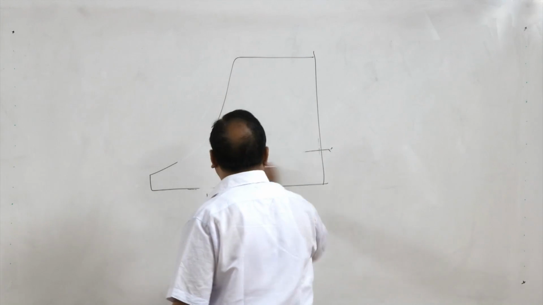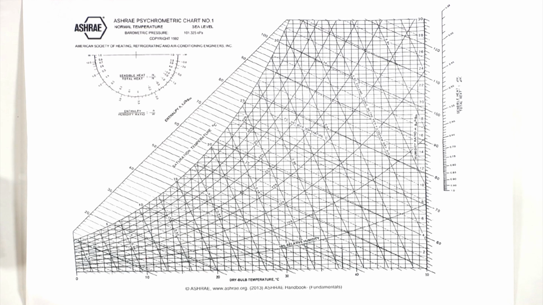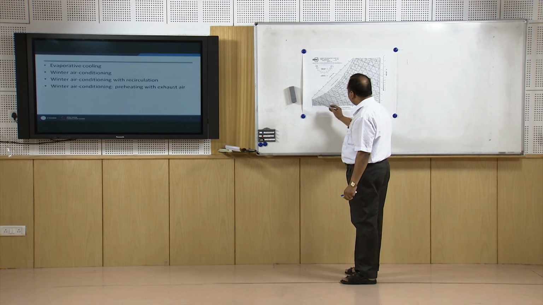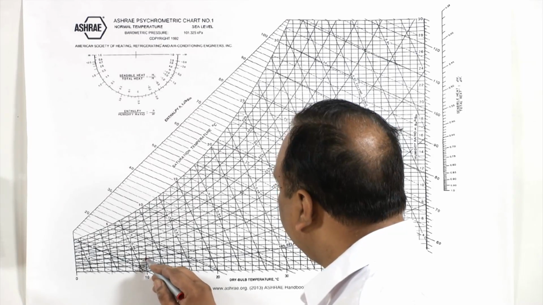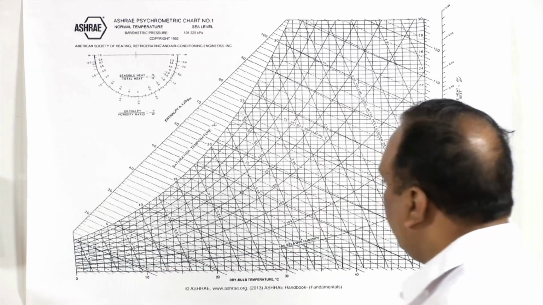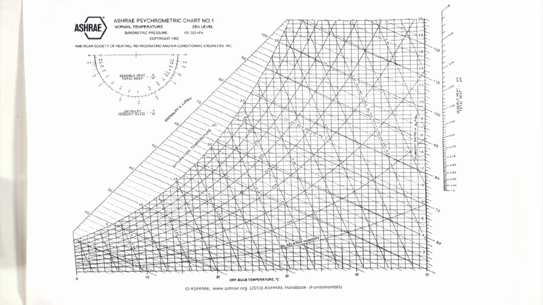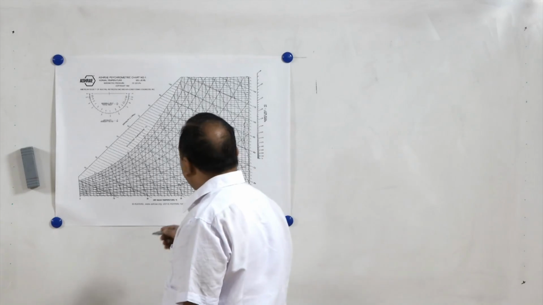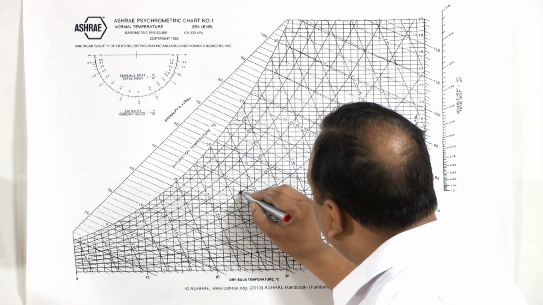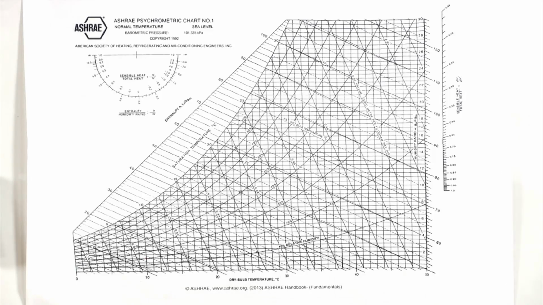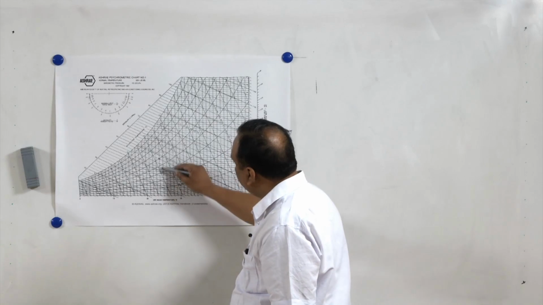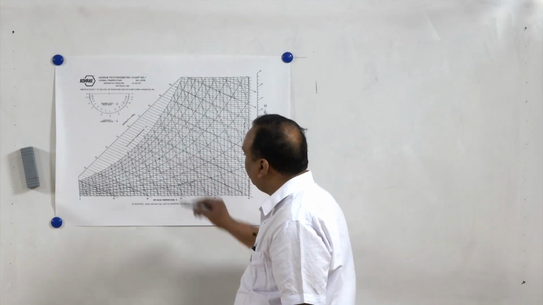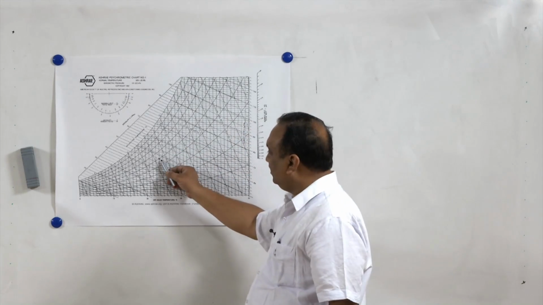The same type of process we will draw on the psychrometric chart. Here we can take some temperature, let us say outside air is available at 8 degrees centigrade or 10 degrees, let us take 10 degrees centigrade, and relative humidity is 20%, it is dry air, and we have to come here to 25 degrees centigrade. I explained earlier also that we are taking this 24 degrees centigrade temperature and 50% relative humidity as supply condition for the sake of convenience only.